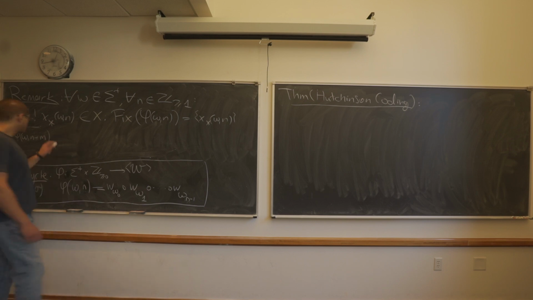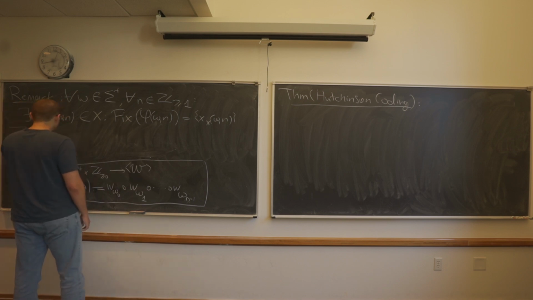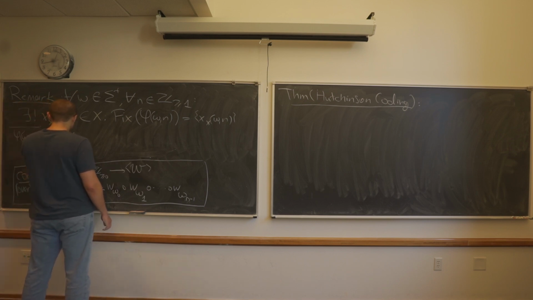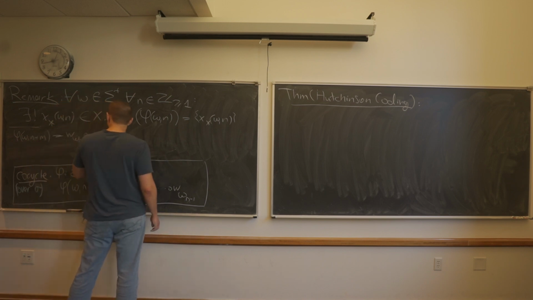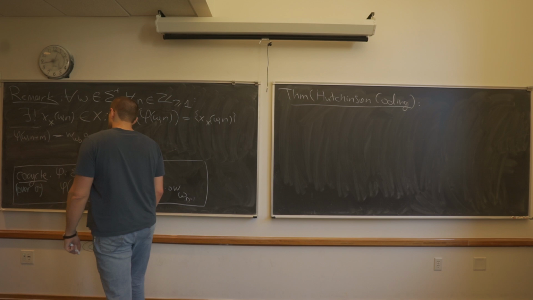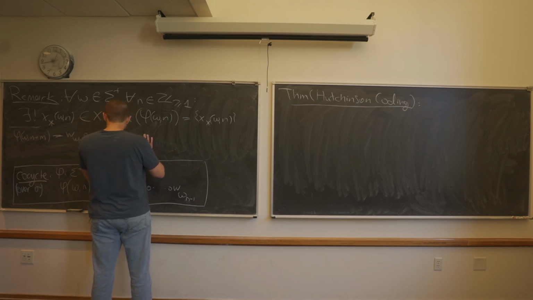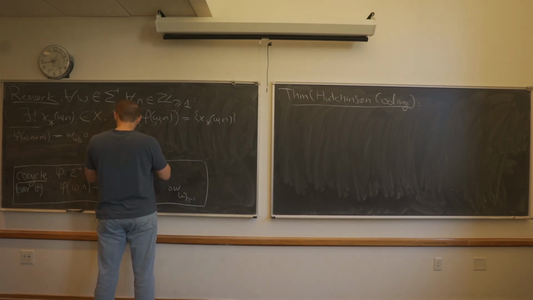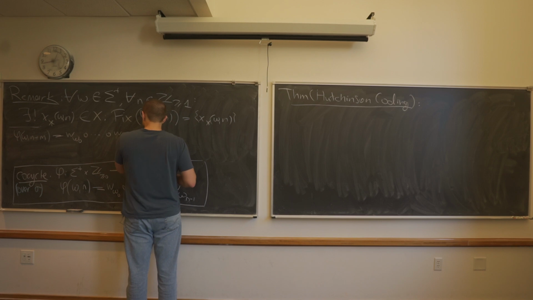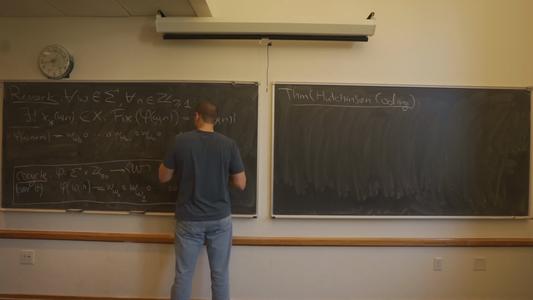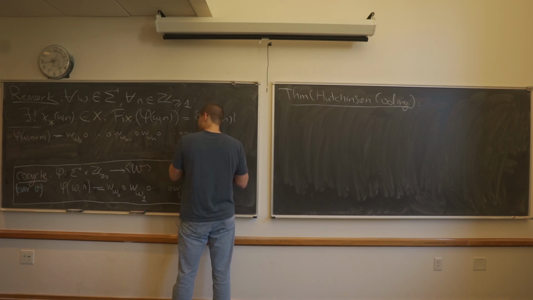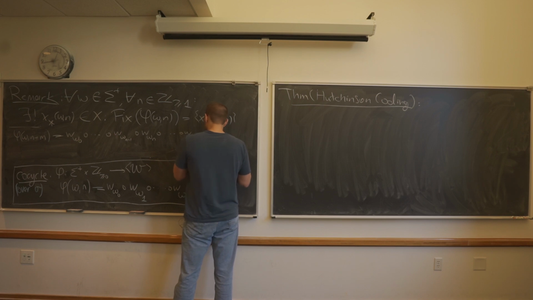Now this is, by definition, omega n minus 1, omega n, omega sub m plus n minus 1.